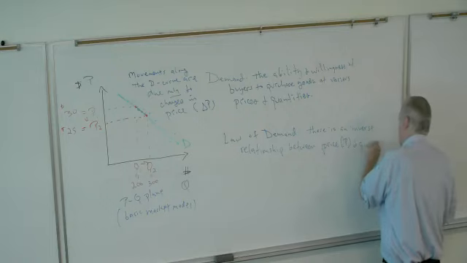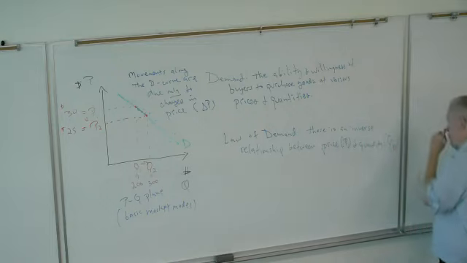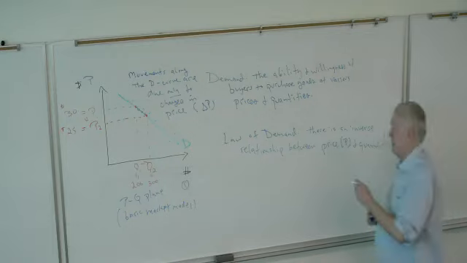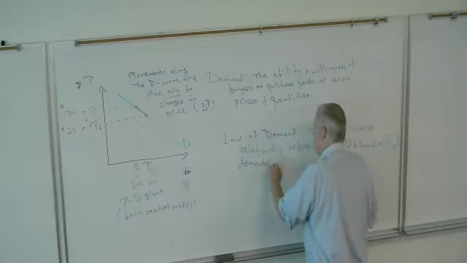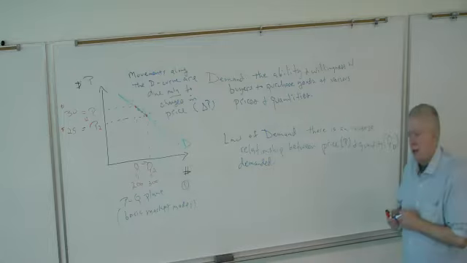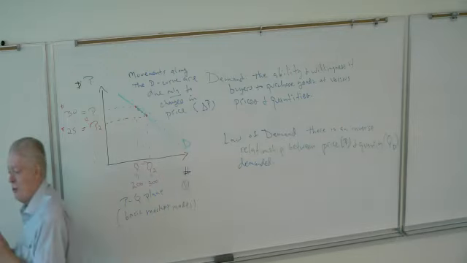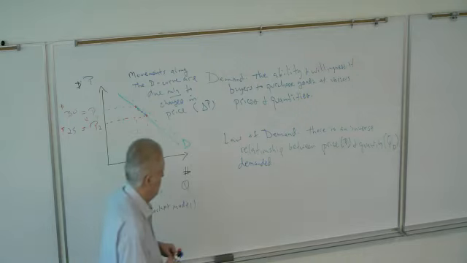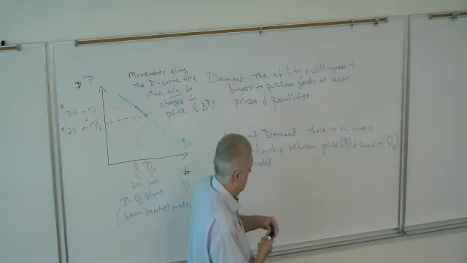And quantity, but we're going to modify quantity here, and we're going to call it Q sub D, D for demand, obviously, because it's going to be quantity demanded. And we're going to differentiate quantity demanded from quantity supplied. And that's going to make a difference when we bring supply and demand together in the same model. So this is the functional relationship between these two factors, price and quantity: an inverse relationship between price and quantity demanded.